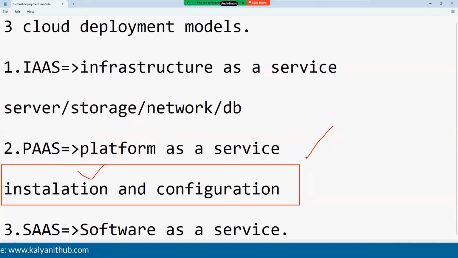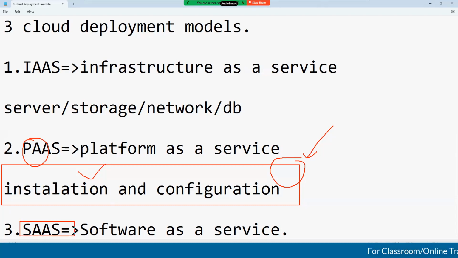Like if I want to deploy a Java application, a Java environment is not required when you go for platform as a service. Why? Because by default the cloud vendor is providing the platform as a service. Got it?